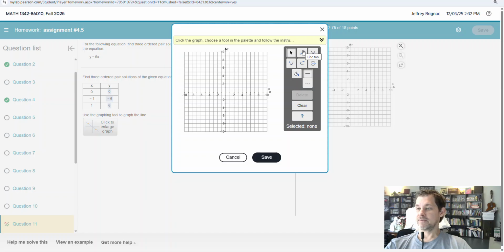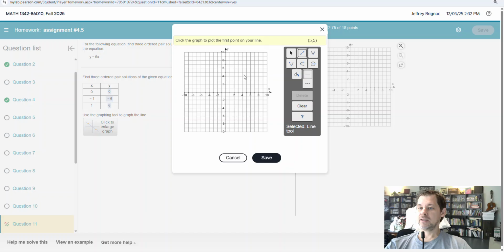So I click that, and then I'm going to plot the points that I have. Remember what those points were? There was one at 0 for x, 0 for y. That's right there at the origin. There was one for -1 for x, -6 for y. Okay, there it is right there.